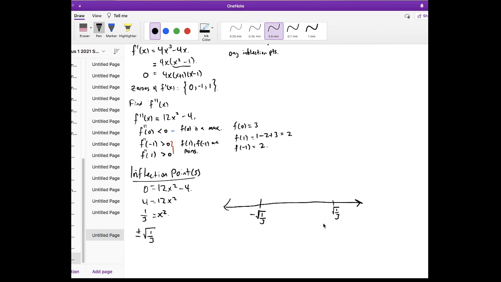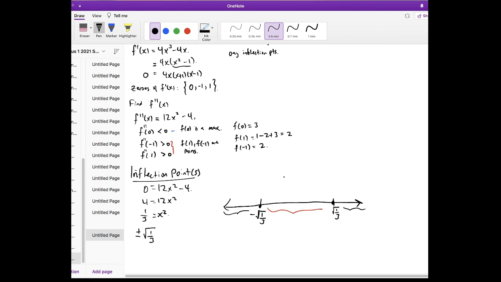Okay, what are some test values? What's an easy one? Sure, -1. It's fine. Yeah, -1, 0, and 1.